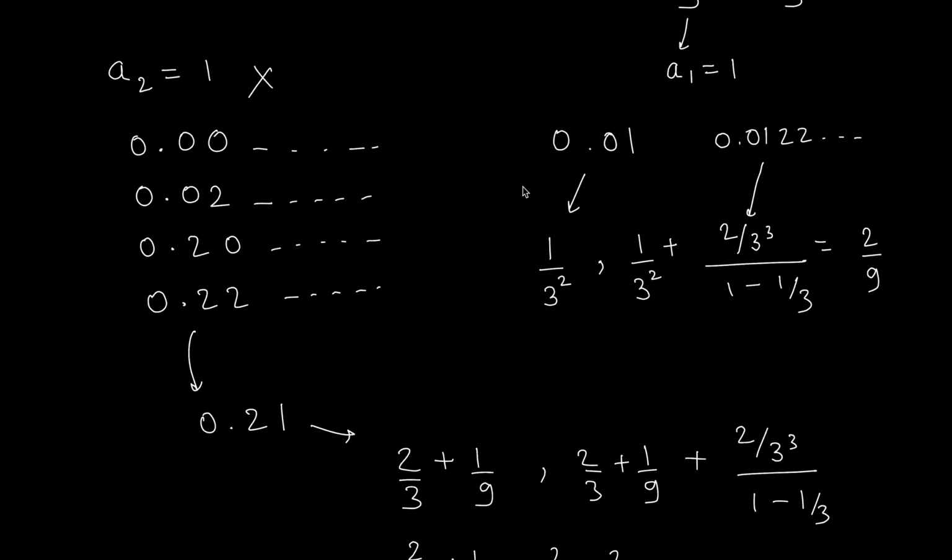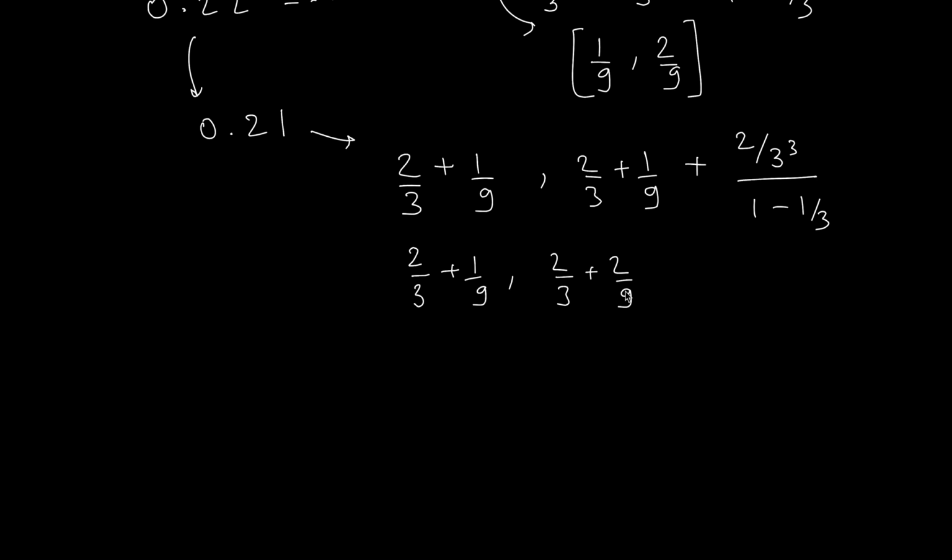From this, the first occupies the interval 1 by 9 to 2 by 9, and the second occupies the interval from 3 twos are 6 plus 1, 7 by 9 to 8 by 9.